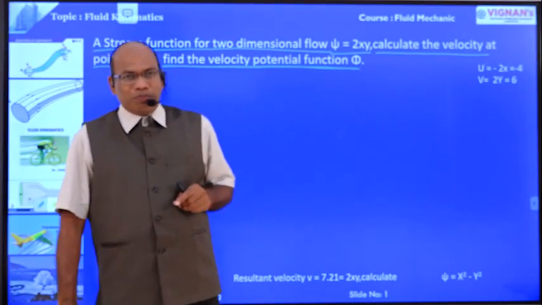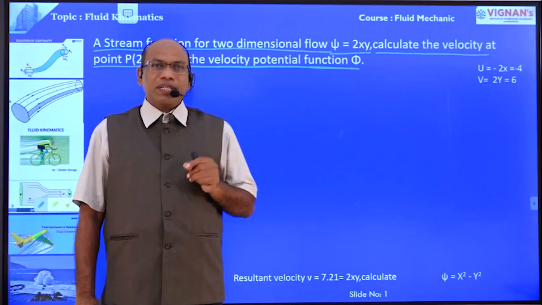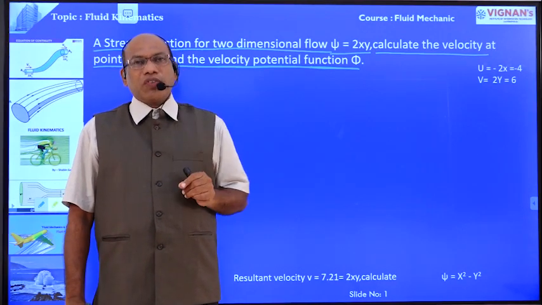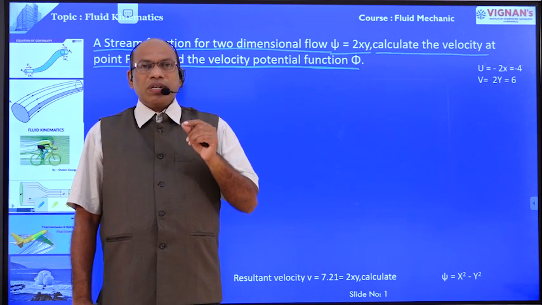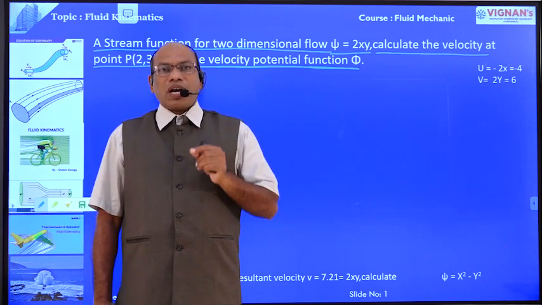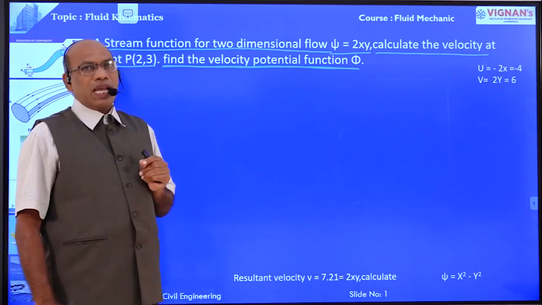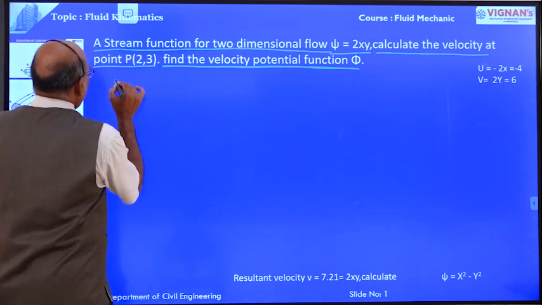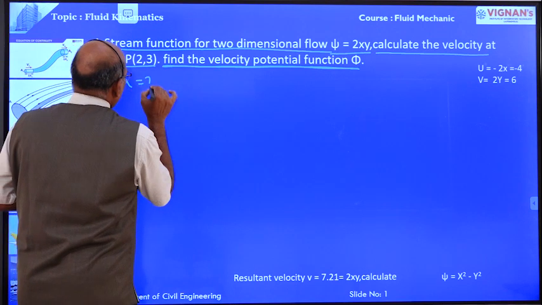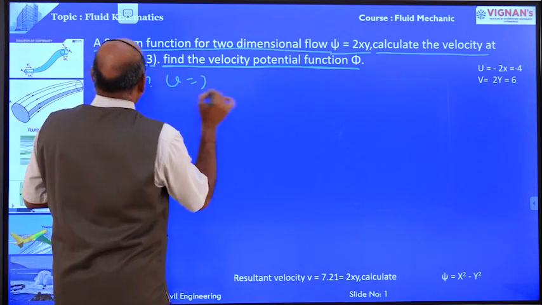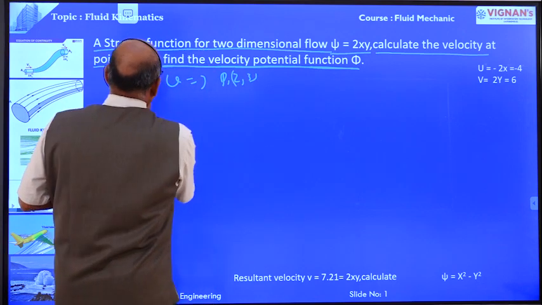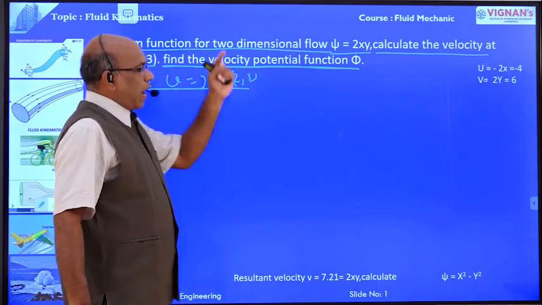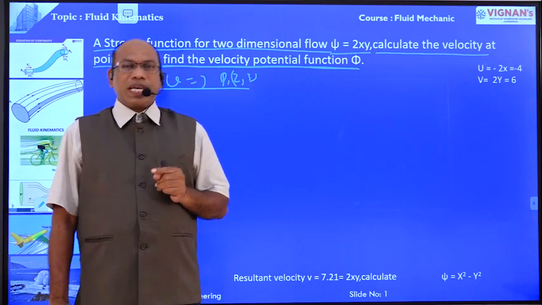In this problem, they have given stream function ψ equal to 2xy. Based on this equation, they asked that first we calculate what is the velocity at the point. That means what is u and what is v at a point (2, 3). And one more problem, find the velocity potential function.